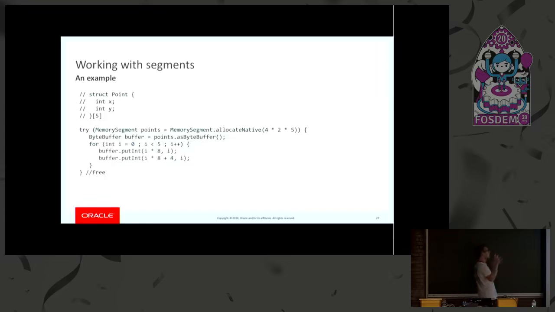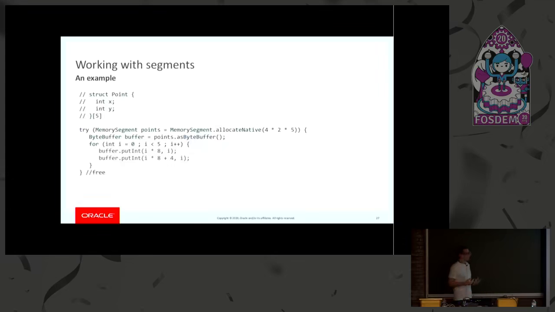And then I can just derive a ByteBuffer from the segment and then pretend that the segment doesn't even exist. I will just use the ByteBuffer API to put the int for the x coordinate and the y coordinate in a loop. And then at the end of the try-with-resources, when I close the brace, a close operation will happen. The memory associated with the segment will actually be released.